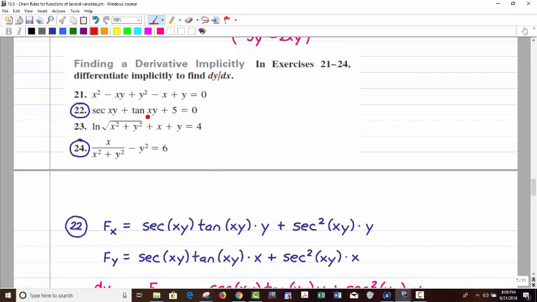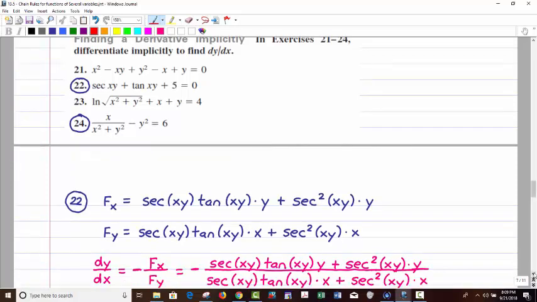And the derivative of tangent is sec squared, same kind of scenario, it's sec squared of xy times that derivative of the inside with respect to x. And that gives me y again. Then fy is essentially the same thing, except the derivative of the inside now will be x instead of y.